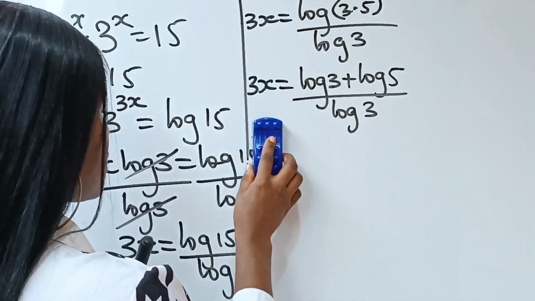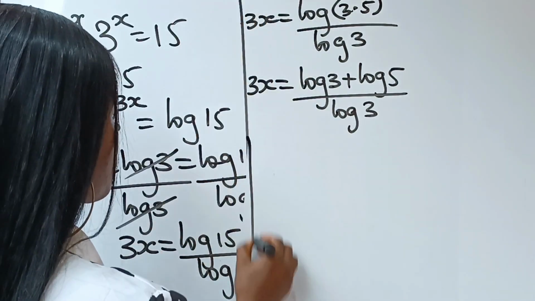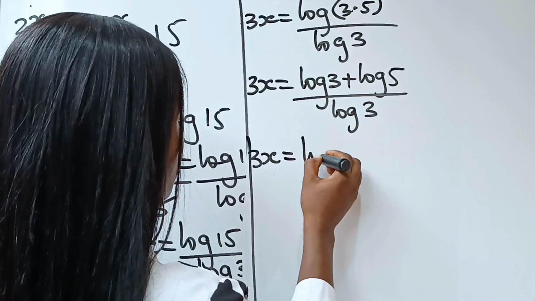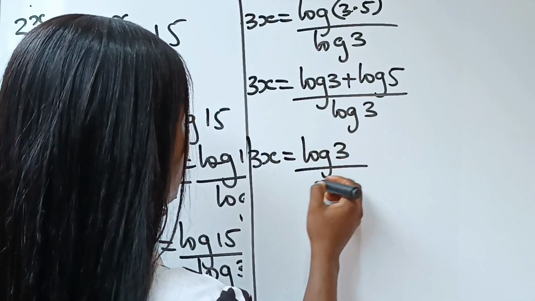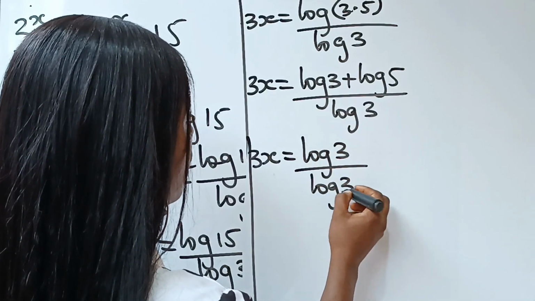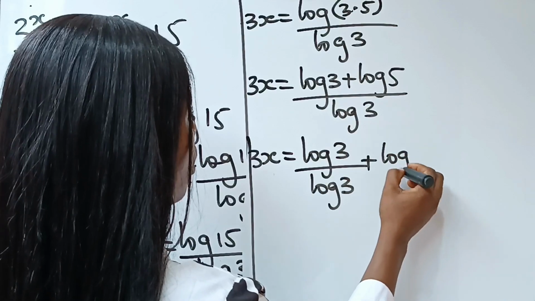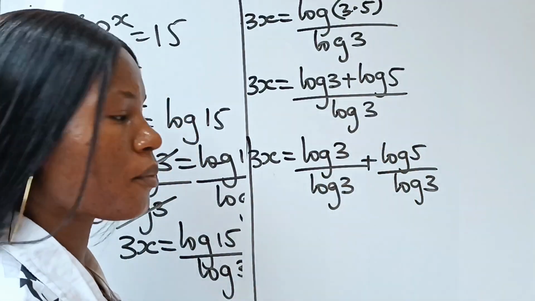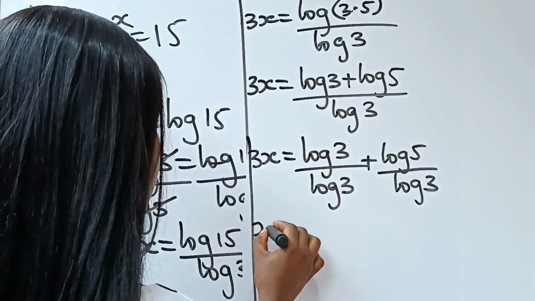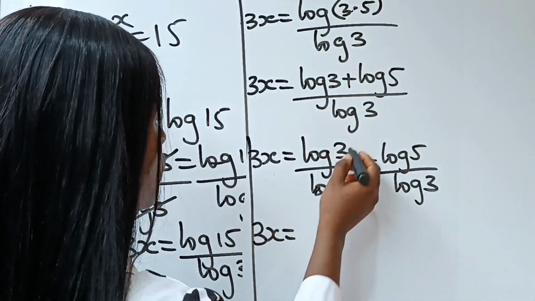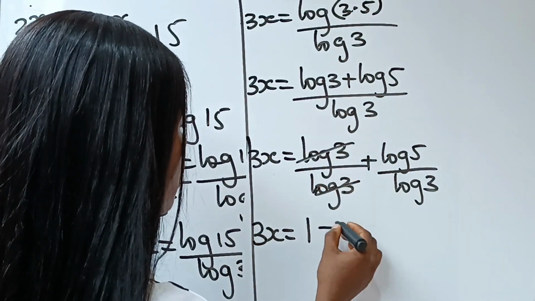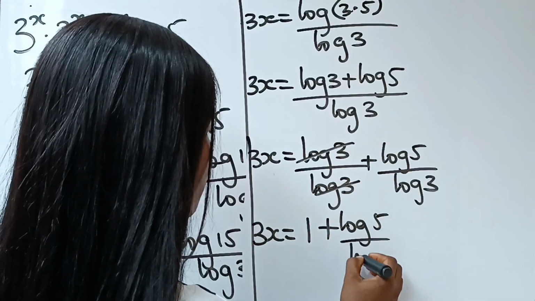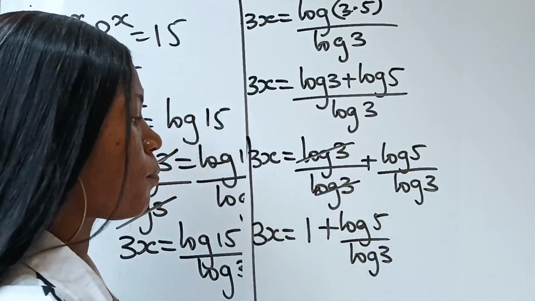Now this is equal to 3x is equal to log 3 divided by log 3 plus log 5 divided by log 3. Now 3x is equal to, we divide this to give us 1 plus log 5 divided by log 3.